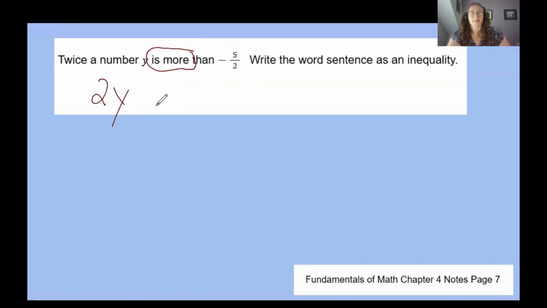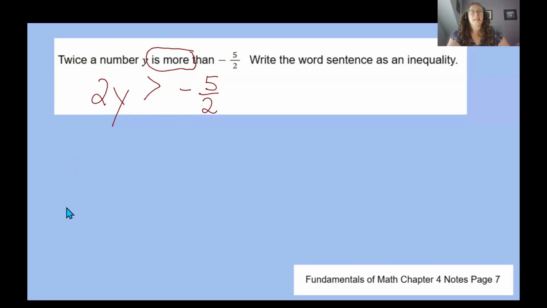It's more than, so we're going to use our greater than sign, negative 5 halves. So in this case, 2y can't be negative 5 halves. It's not greater than or equal to. It has to be more than. So we have 2y is greater than negative 5 halves.